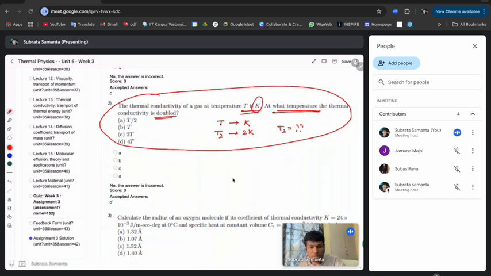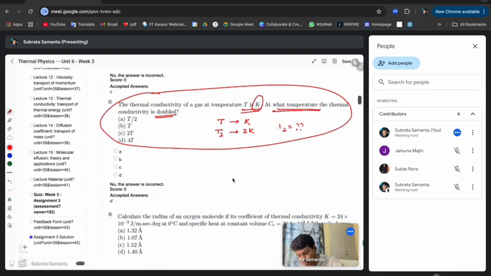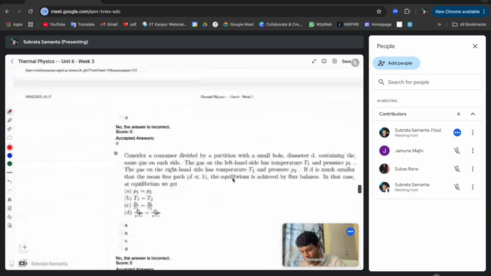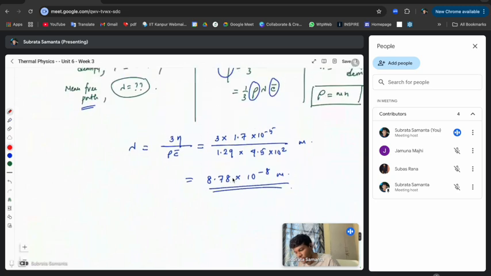Now I want to calculate the value of T2 in terms of T, because the options are all in terms of the temperature T. So how to calculate? The first step is to write down the formula of the thermal conductivity.